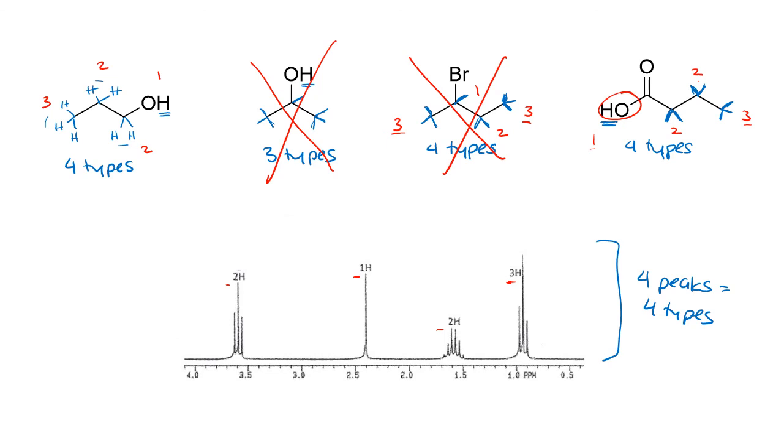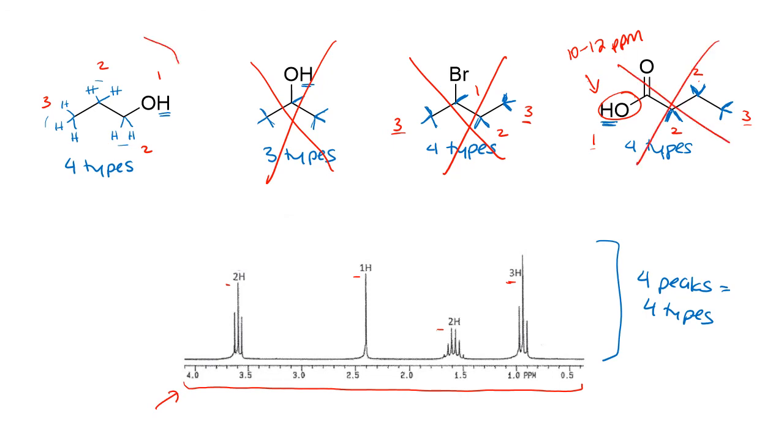Carboxylic acid hydrogens are one of the most deshielded types of hydrogens. These come out at ppms of around 10 to 12. Now, if we look at this NMR graph, all of these peaks come out between 0 and 4. So that means that this cannot be our structure, and this guy is our final structure.